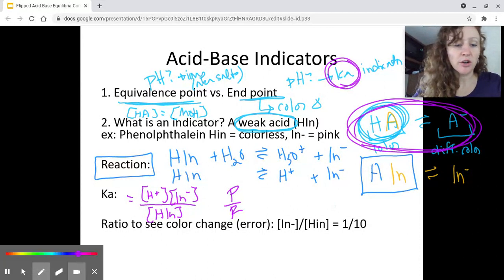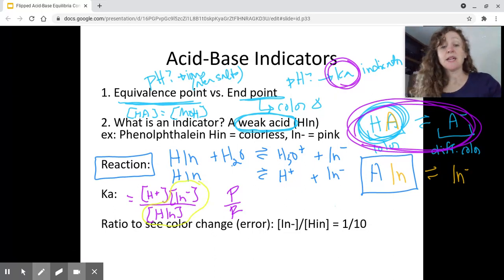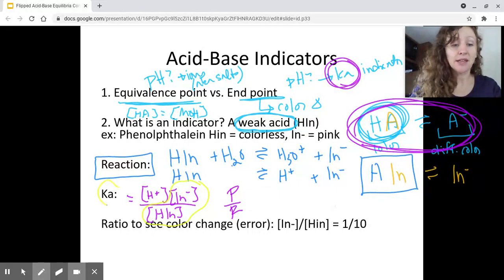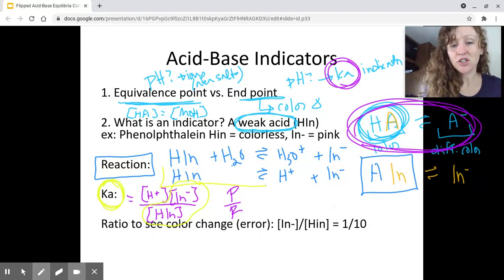This ratio of the anion and the weak acid form. And so where the color change occurs is dependent on this ratio. This ratio is dependent on the Ka, right? Where this reaction actually hits equilibrium. Where does that equilibrium occur?